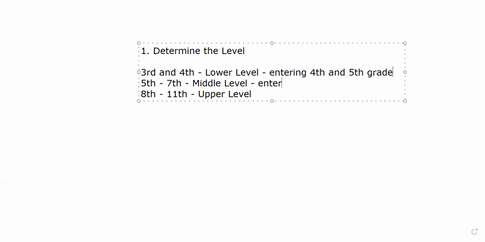If you have a student entering sixth grade through the eighth grade, they'll be taking the middle level test. And those entering the ninth grade through the 12th grade will be taking the upper level test. All right.